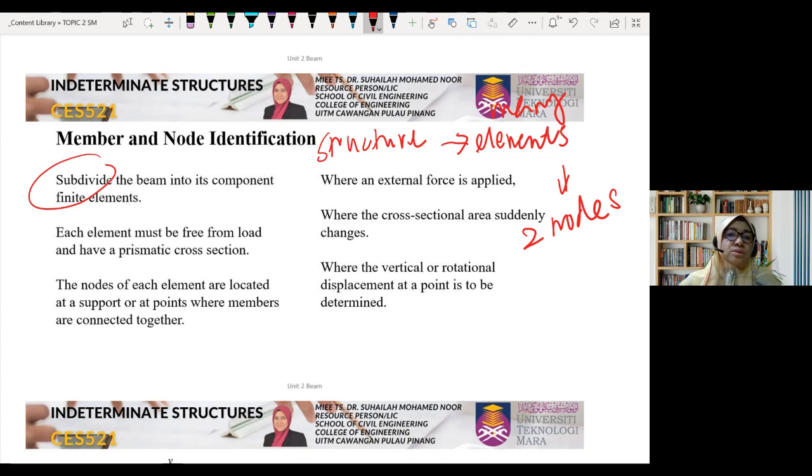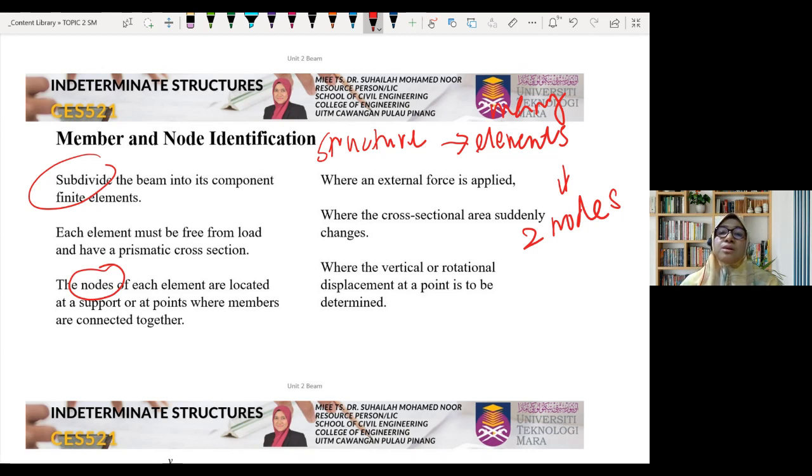The nodes of each element are located at a support or at a point where members are connected together. So this is how we identify nodes in the system. Other than that, where an external force is applied, we can also put nodes.